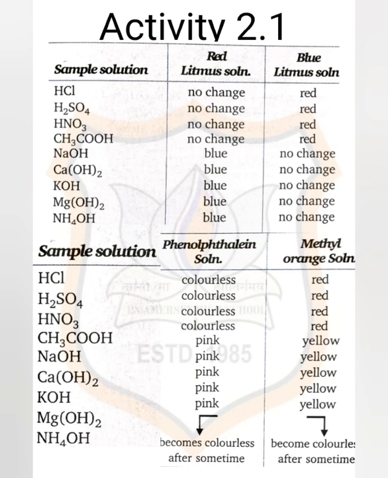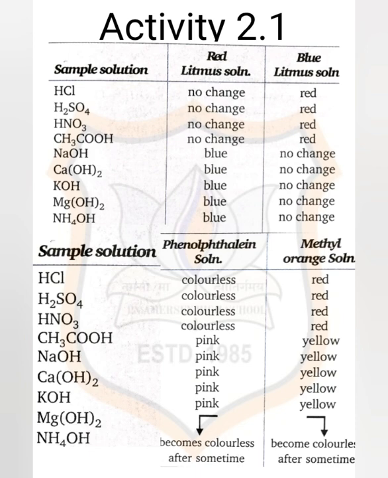All the acids like hydrochloric acid, sulfuric acid H2SO4, nitric acid HNO3 and acetic acid CH3COOH all turn red with methyl orange solution, while all the bases NaOH, Ca(OH)2, KOH, Mg(OH)2 and NH4OH turn yellow with methyl orange solution, but colorless after some time. So these indicators tell us whether a substance is acidic or basic by change in color.